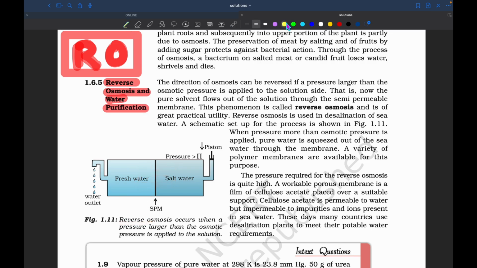Osmosis is a natural process, whereas reverse osmosis is a non-spontaneous process. Osmosis generally happens in the universe, right? Our blood, our formation of urine, and many biological reactions take place in and out of a cell due to this osmosis process only.